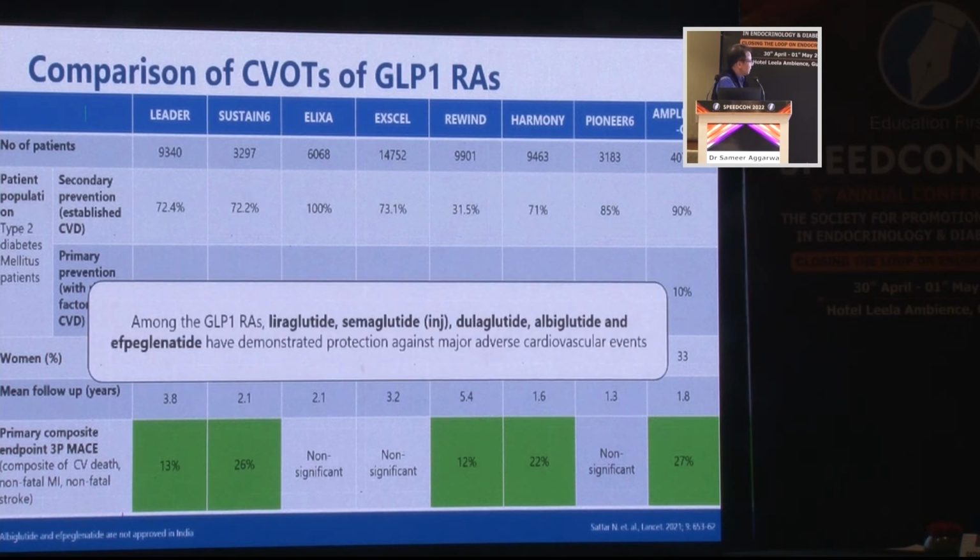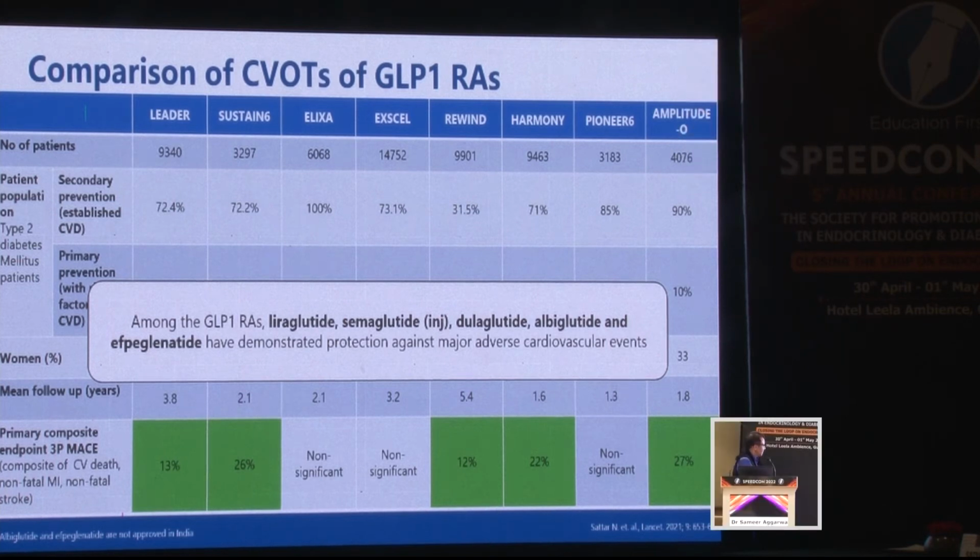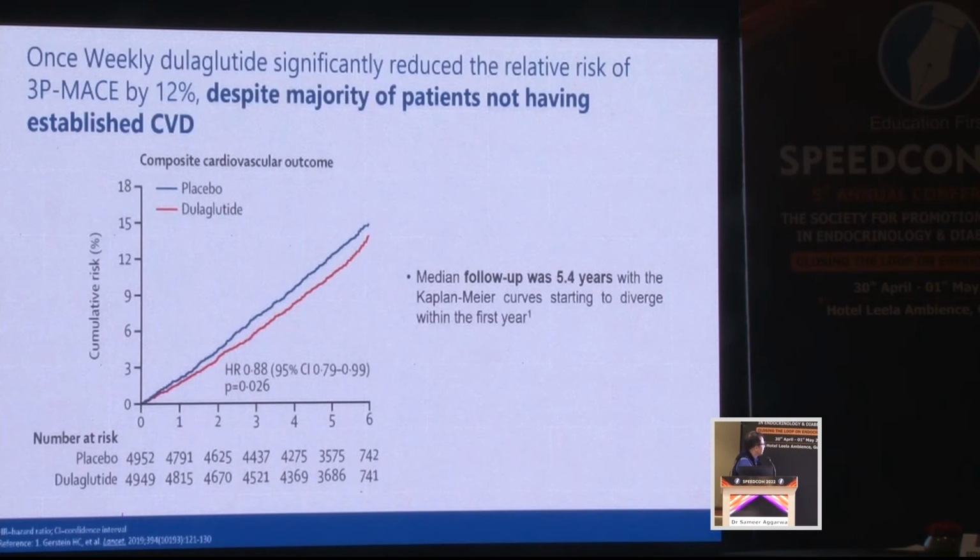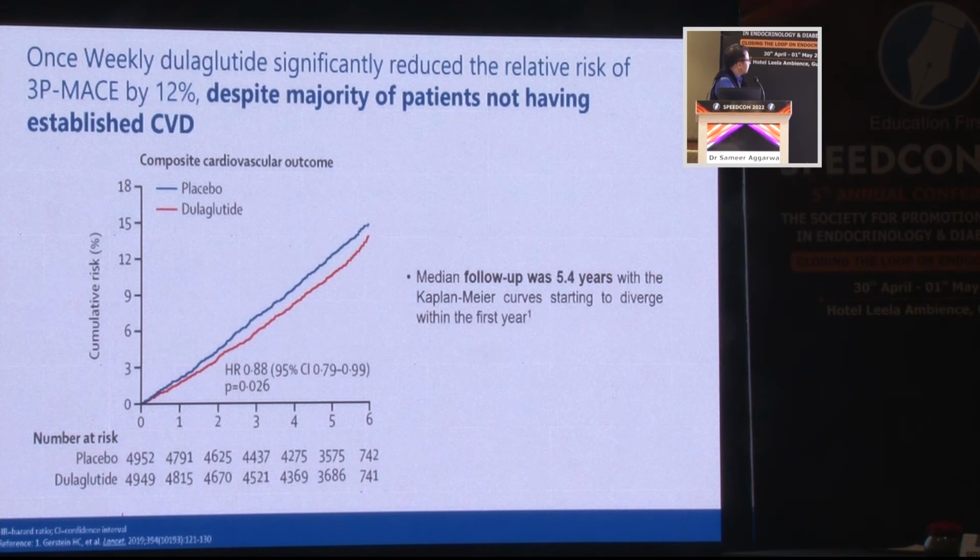So amongst the GLP-1 receptor agonists, liraglutide and dulaglutide, which are available in India at the moment, have demonstrated protection against major adverse cardiovascular events. And Trulicity in REWIND clearly showed a relative risk reduction of 3-point MACE by 12%. The interesting thing is that the majority of the patients did not have established CVD at baseline.